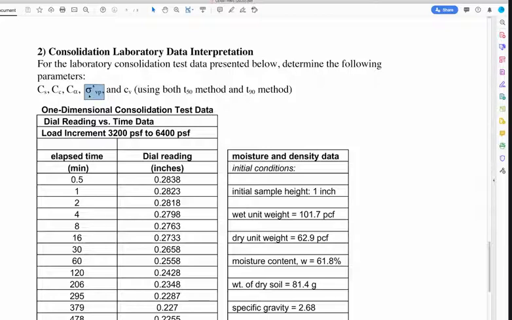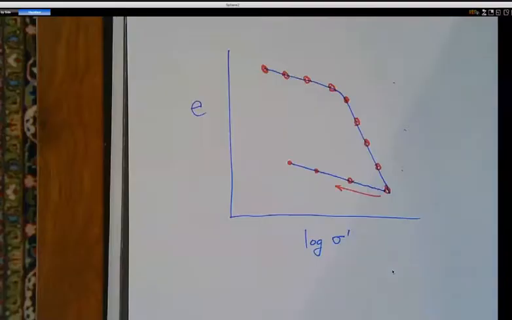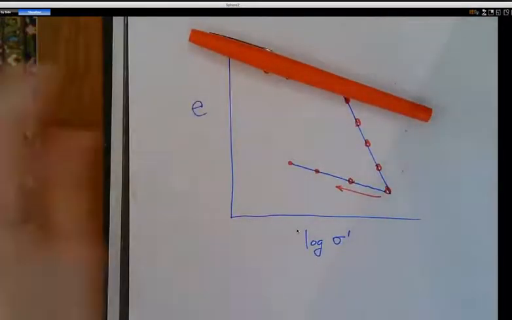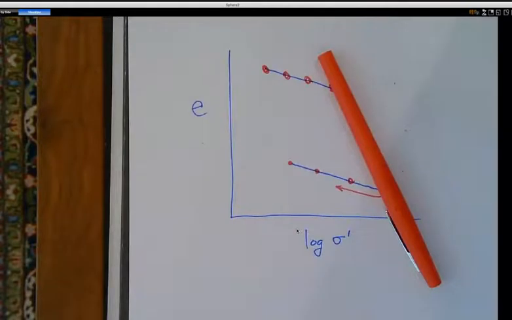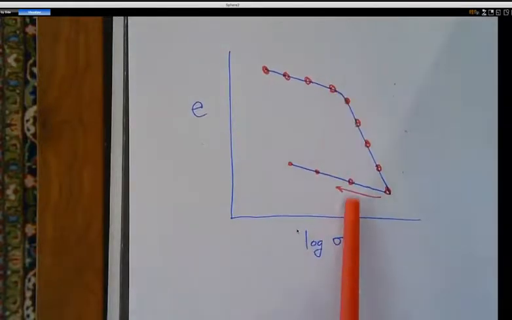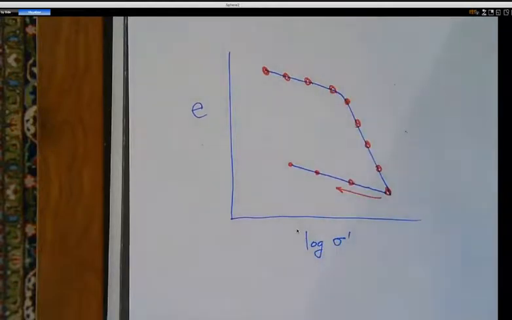There's actually a graphical procedure to do it, and I can share that with you at a future session. But there will be a little bit of data processing with this such that you would end up with the shallow slope, the steep slope, and the value for the knee of the curve. And again, it's not just eyeballing it. There will be a process for that I'll share with you.